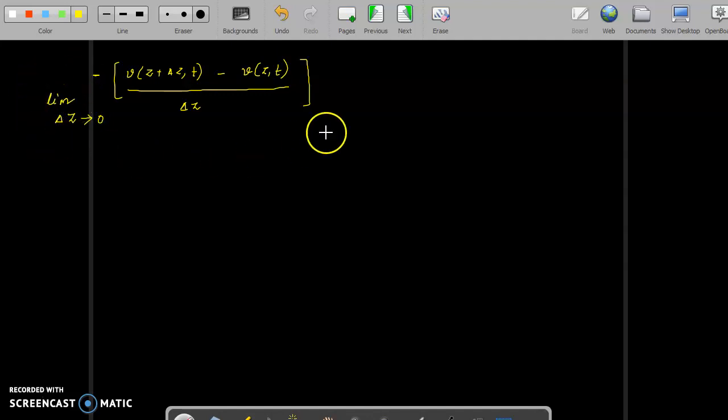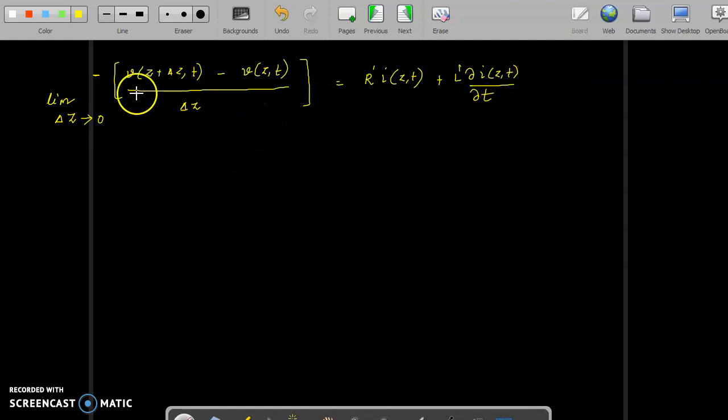This is for a small section of transmission line, and it is equal to R dash I of Z comma T plus L dash times the partial derivative of I with respect to time.